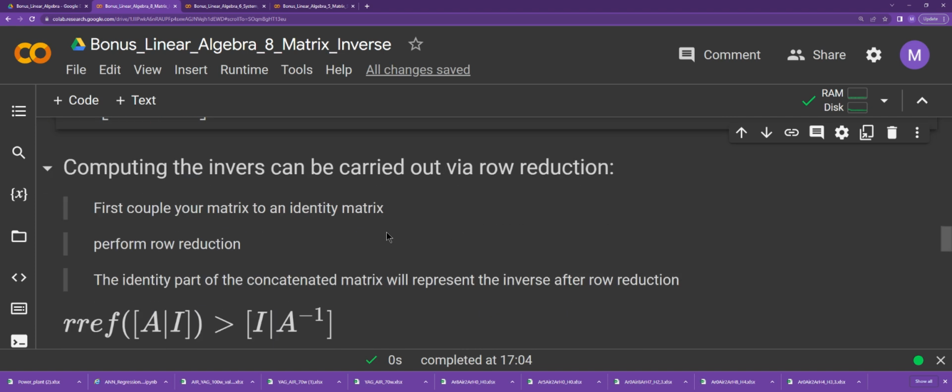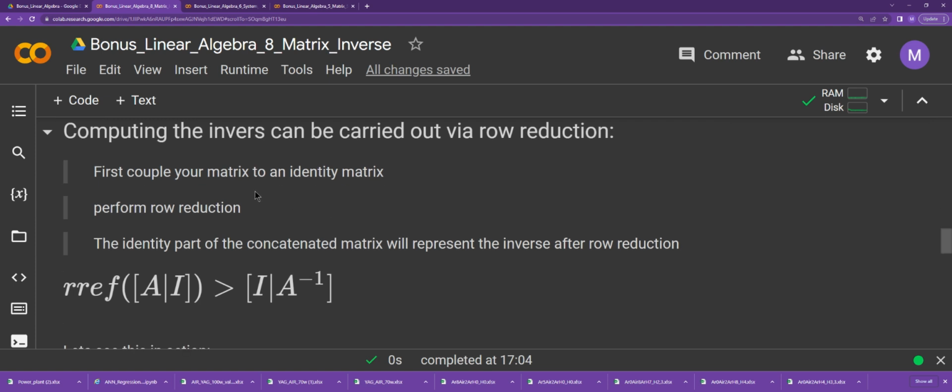Now, if you want to do it by hand, I mean, obviously you never would, but just for the sake of practice, there is a method that you can do this by hand. And the way you do it is that you couple your matrix with an identity matrix. So you put them together.